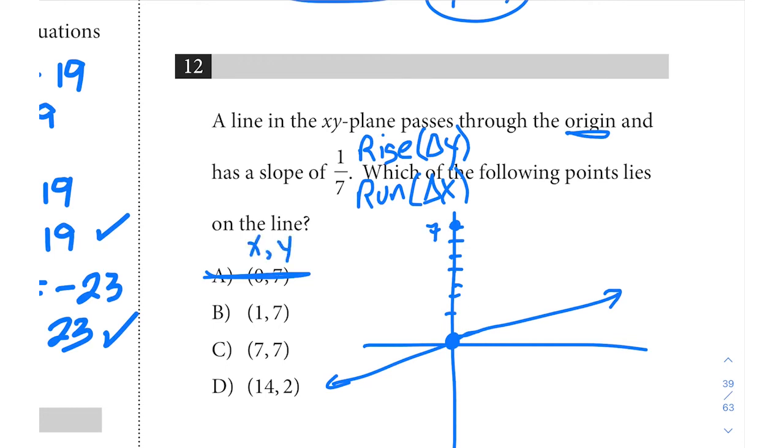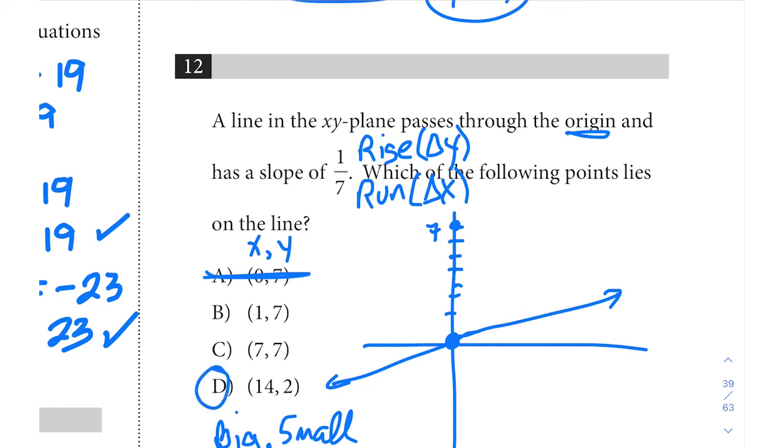So when we look at our coordinates with our x comma y's, even without doing exact math, we know that we should have something that has a big number here and then a small number here, because that ratio of 1 to 7 is going to hold up for the entire line. That means that your y value is always going to be 1/7 of your x value, or your x value is going to be 7 times your y value. So basically what we're looking for in a correct answer is a big x and a small y.